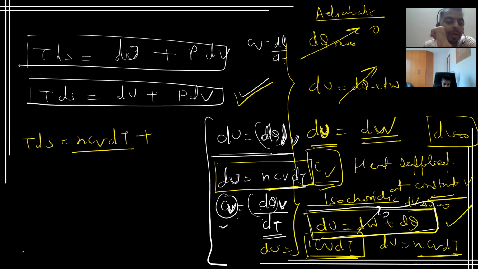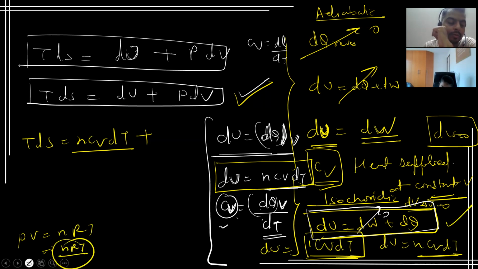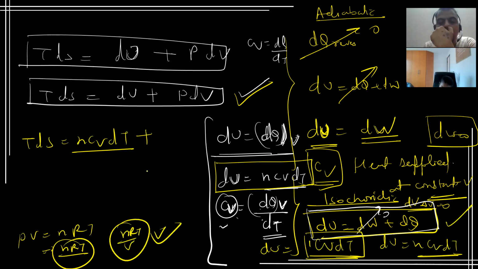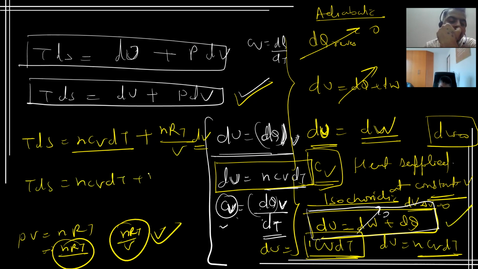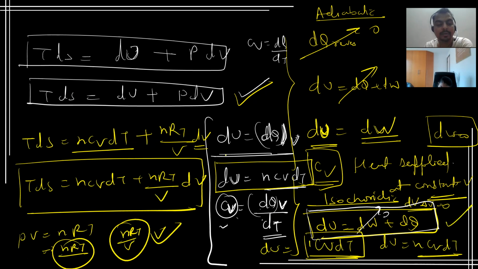You know, PV is equal to nRT, so pressure is equal to nRT by V. So TdS becomes nCV dT plus nRT by V dV. Any doubt here? No. Okay.